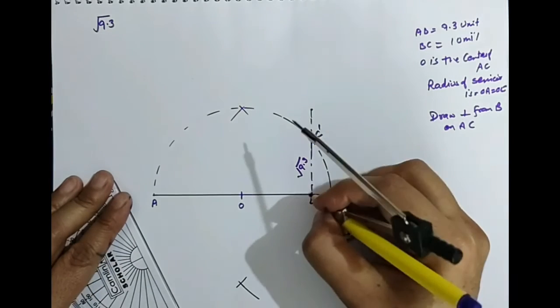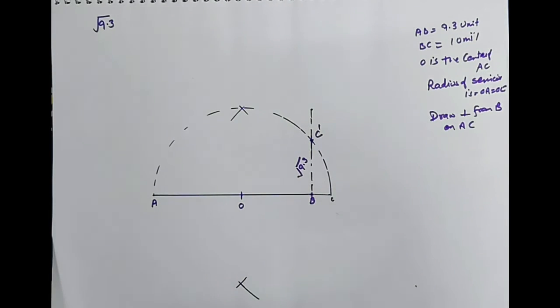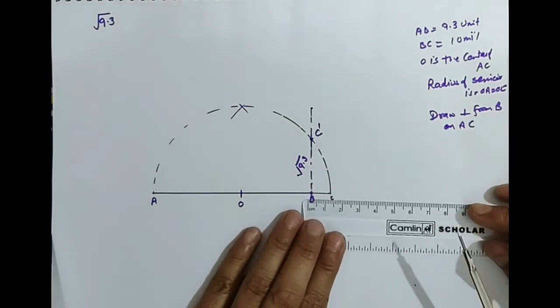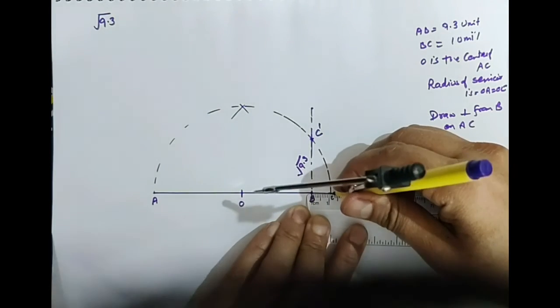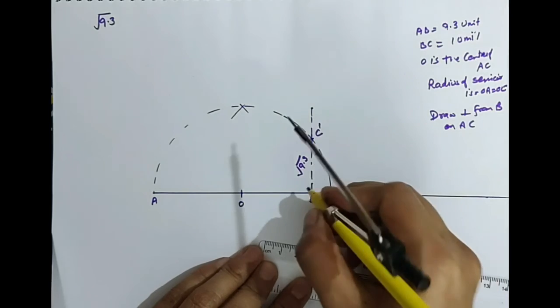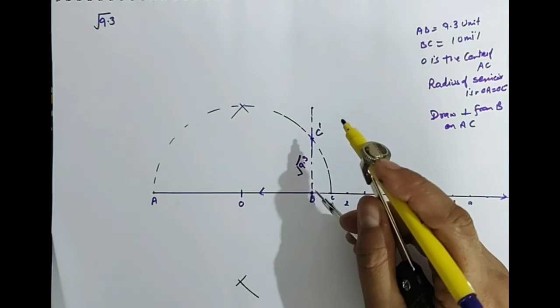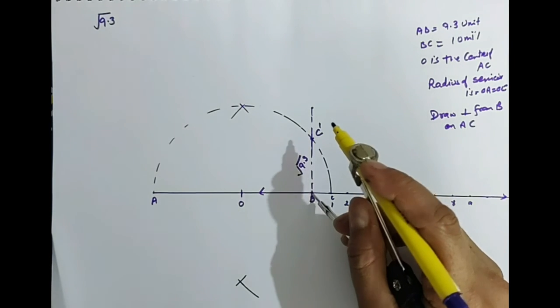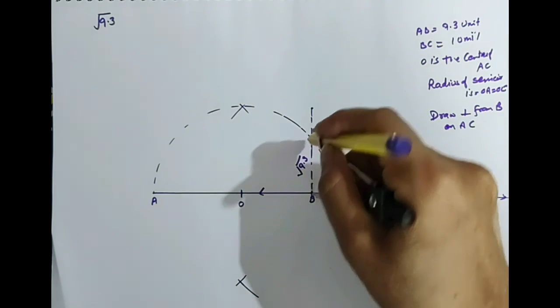I will take this B as the center of my number line. I will extend it as this, this is my number line now. And the center of this number line I will take as B. So I will open my compass such that it equals BC prime.